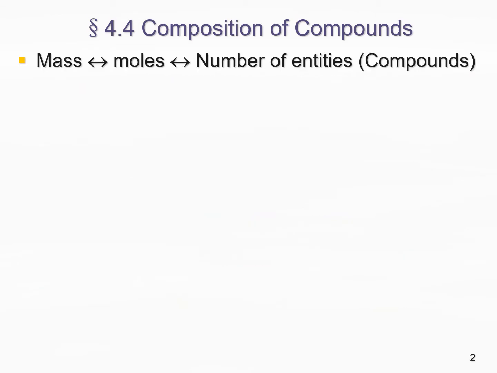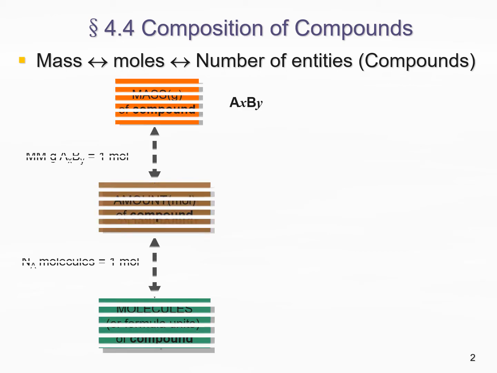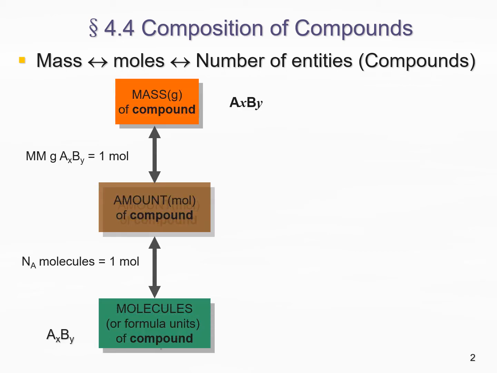All right, speaking of the calculation problems, remember at the very beginning of this chapter, we said there's a mass, moles, number conversion. For the first one, we have molar mass as the conversion factor. Between the moles and numbers, we use the definition of moles as the conversion factor.